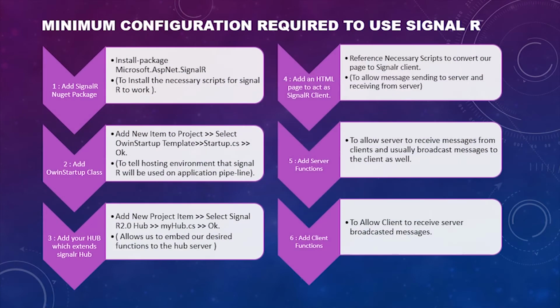Now, a snapshot we can see for the minimum configuration required to use SignalR is stepwise as mentioned. First we need to add SignalR NuGet package, then we need to add OWIN startup class, then we need to add hub extension, and then we need to add HTML page which will be acting as a SignalR client.